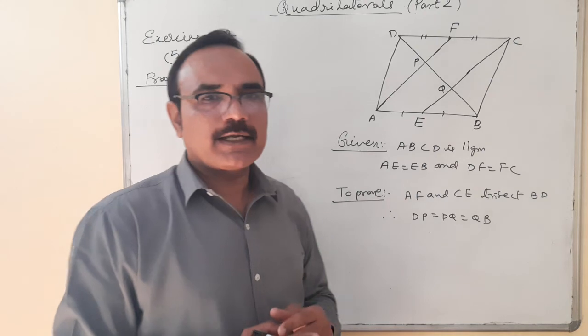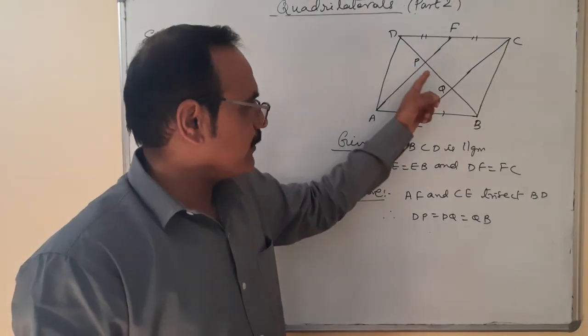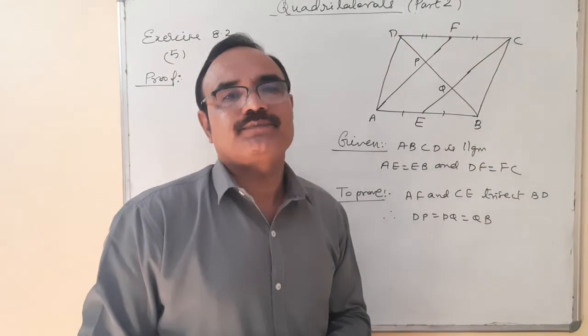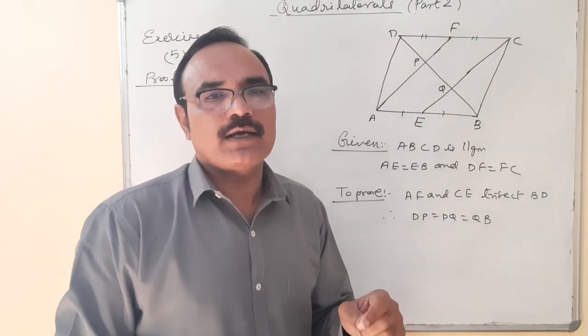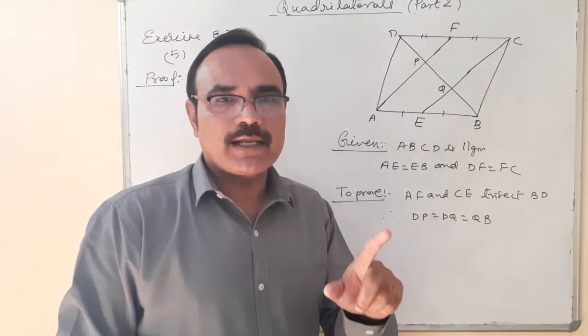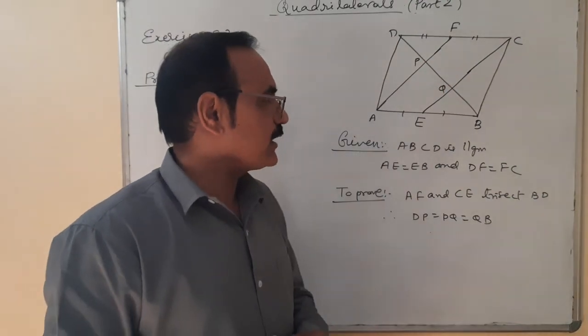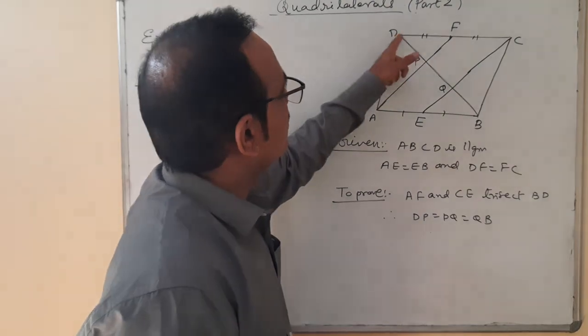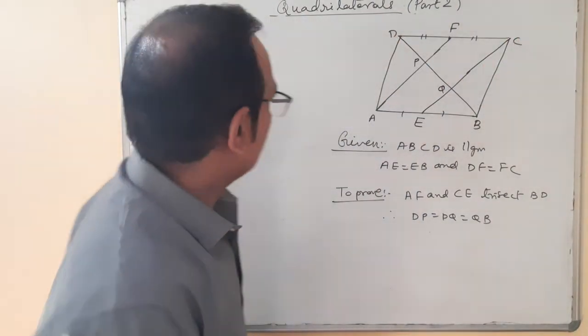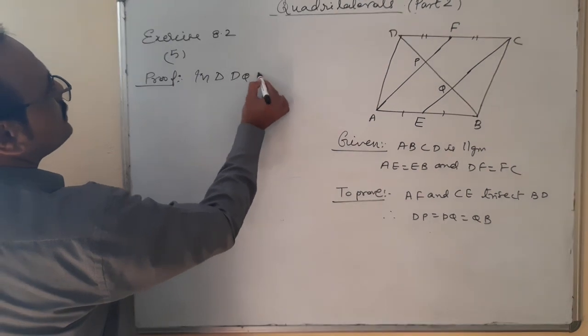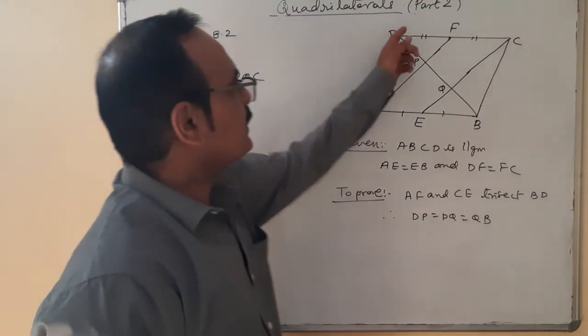We have to select a triangle in which DP and PQ, that means DQ, is a side of the triangle. Which triangle could be? That is triangle DQC. Why have I taken DQC?